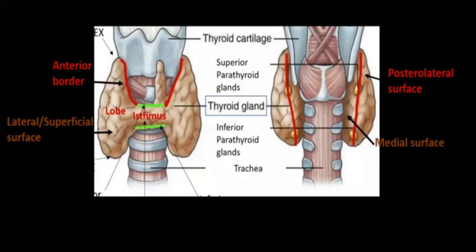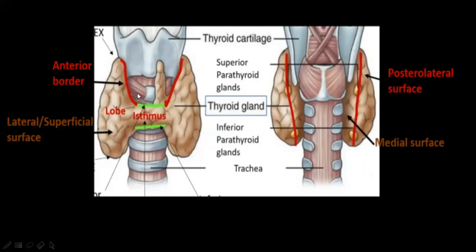Posterior means backside. The lateral surface of the posterior thyroid gland is called the posterior lateral surface. So totally there are three surfaces of the thyroid gland: the lateral surface, the medial surface and the posterior lateral surface.